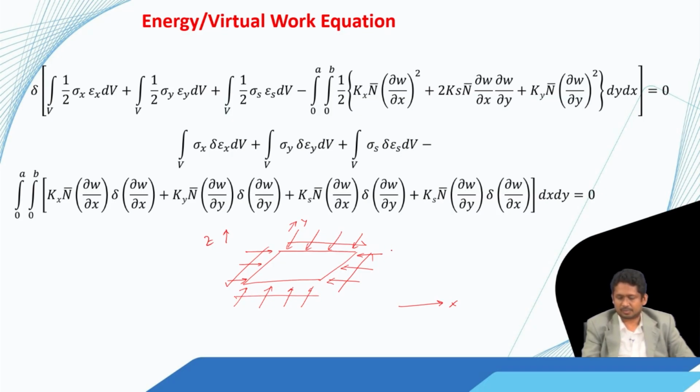So, we can call the axial force along direction x Kx multiplied by n bar, the axial force along direction y n bar multiplied by Ky, and the shear force Ks multiplied by n bar. So, n bar is common and then we multiply it with different factors and we get the different loads.